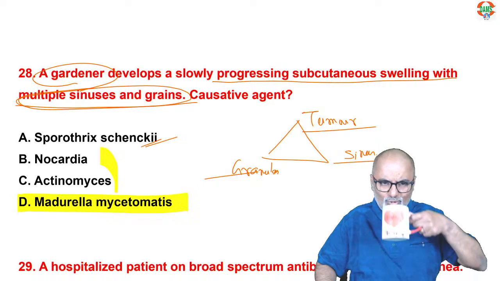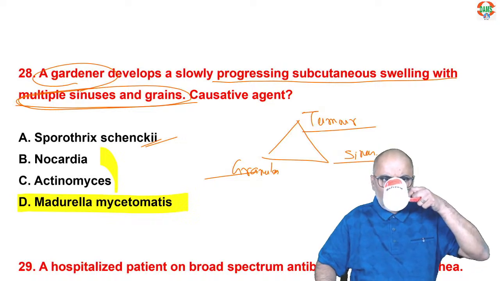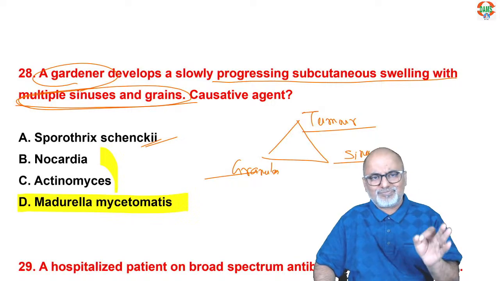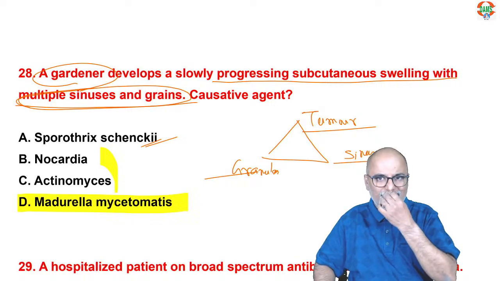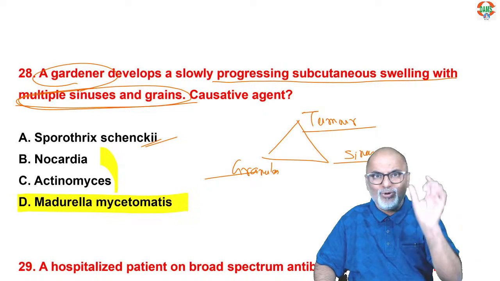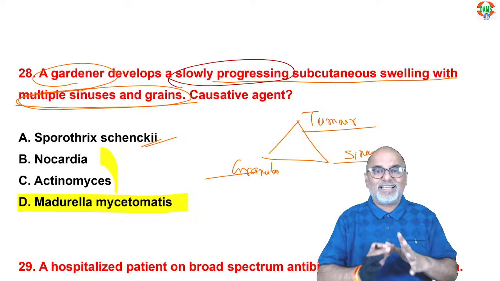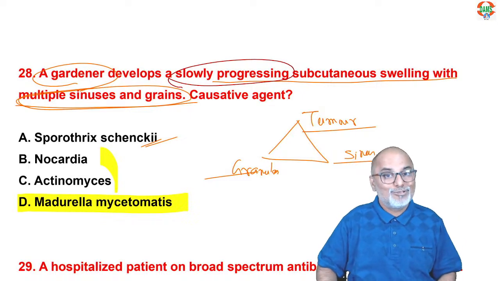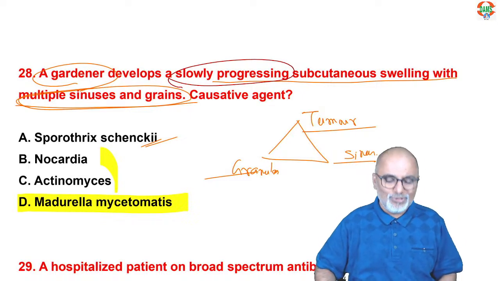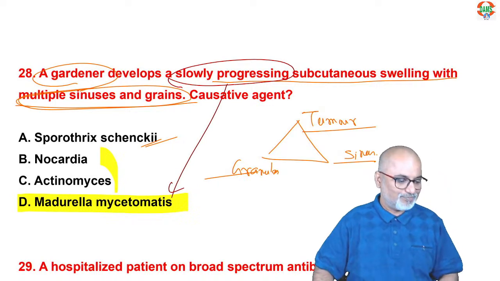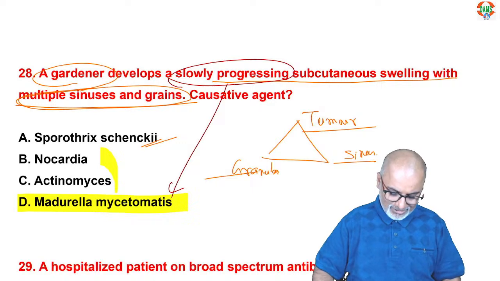I will not say no. Multiple sinuses, grains, subcutaneous swelling, slowly progressive. That is the key point for fungus, because bacteria are rapid. Slowly progressive is a very good clue. I can go for Madurella. Got it? Answer is D.